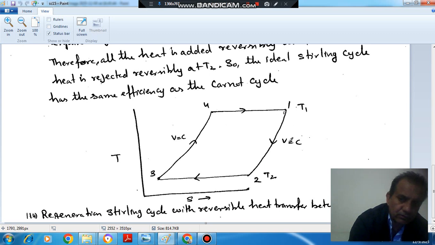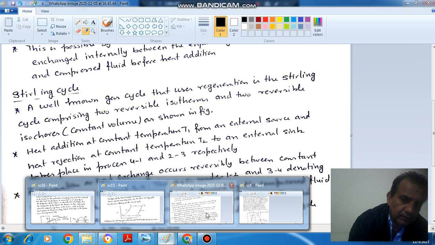In the expansion process, heat is being rejected, and in the compression process the heat is being supplied. If this heat rejection is used to supply heat in this part, then this would be regeneration, and then the efficiency of the cycle would be the efficiency of the Carnot cycle. So this is the basic concept in regeneration.